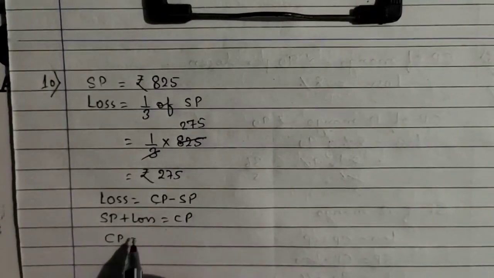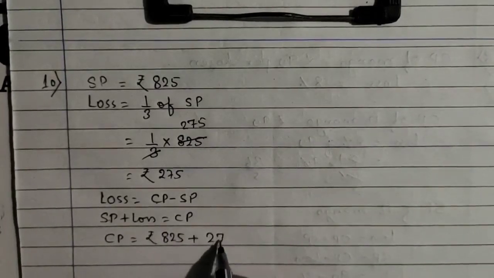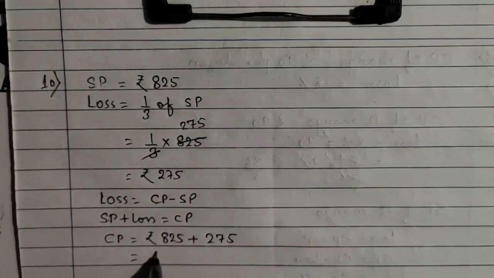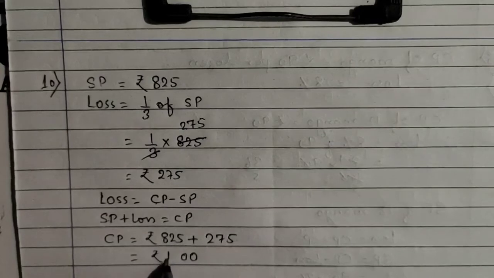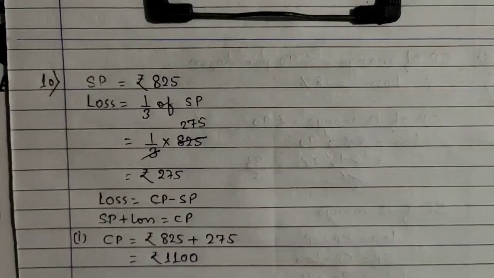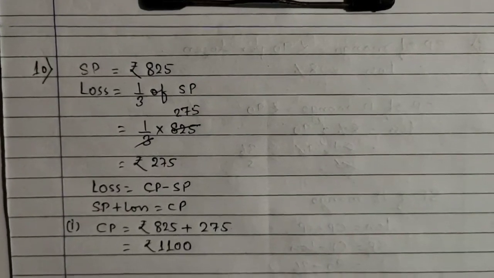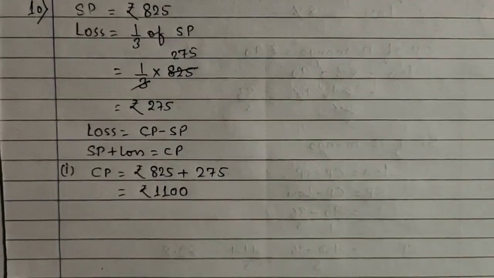We will calculate the cost price. The value of SP is rupees 825 plus loss is rupees 275. When we add these two, we get 1100, which is the cost price. The first answer we have got. The second question is saying, find the profit percent or loss percent made if the same article is sold for rupees 1265.